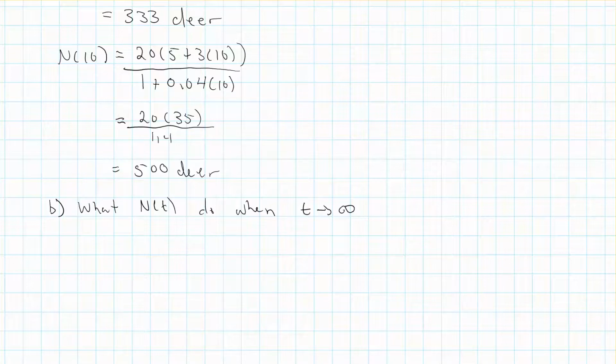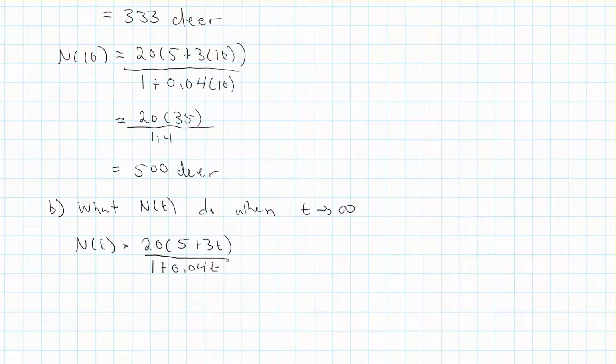In other words, we want to see if there's a horizontal asymptote. So let's look at N at T, which is 20 times 5 plus 3T over 1 plus 0.04T. I'm going to want to find the horizontal asymptote of this.